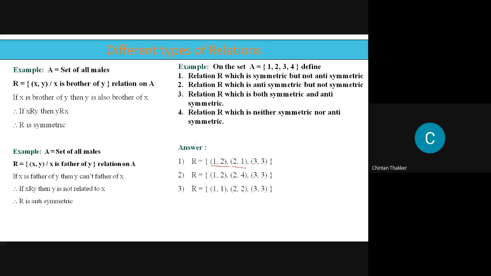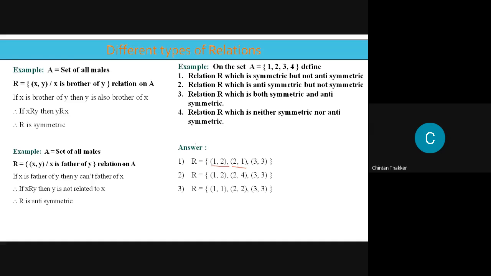यहाँ पे ये क्वेश्चन भी एमसीक्यू में आ सकता है that if A is equal to 1, 2, 3, and 4, then how many different relations are there which are both symmetric and anti-symmetric?